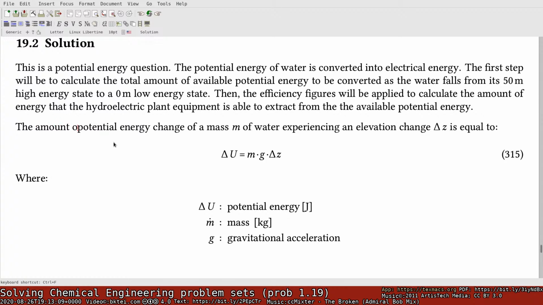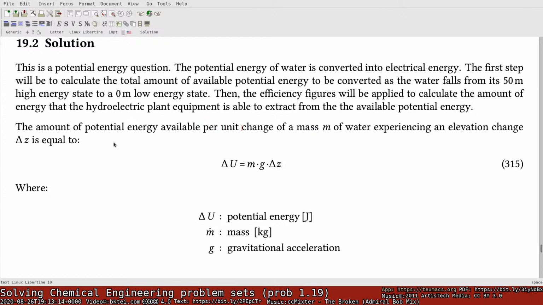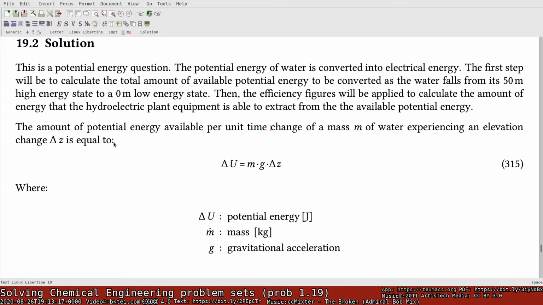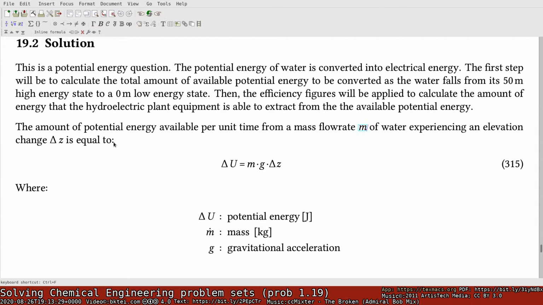I could say the amount of potential energy available per unit time from a mass flow rate. Let's just do that. M dot of water experiencing elevation change is equal to, let's just do that. Saves me some work.